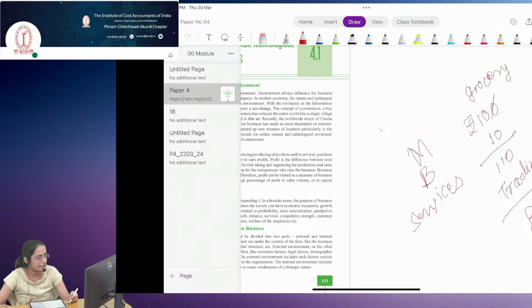If I am marketing something, that is also a business, right? So these are the various terms which come under the category of business. It is not just confined to manufacturing. It could be a service, it could be trading, it could be marketing, any other thing, okay?